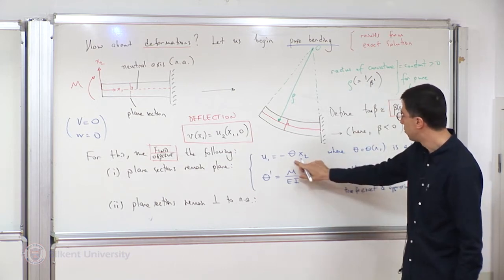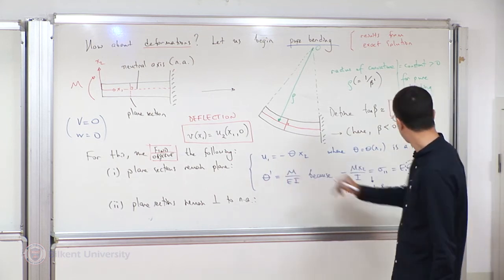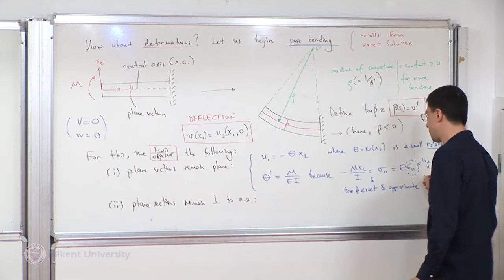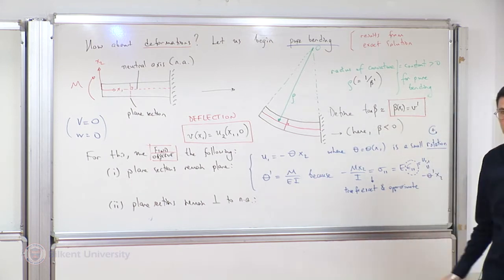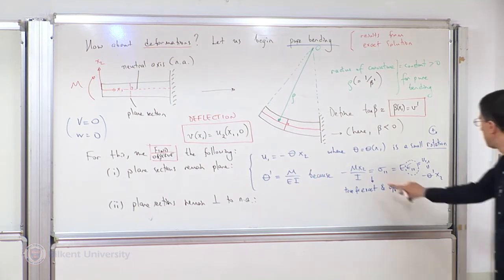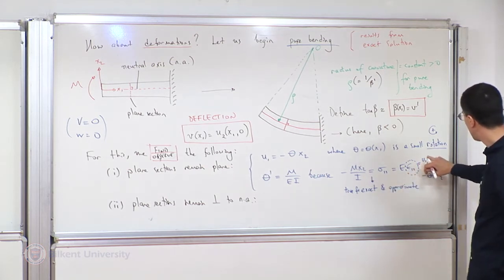And that is equal to minus theta prime x2, right? I'm sort of squeezing everything here, but I hope it's clear. So these two equalities are always true, and epsilon 1,1 is defined by u1,1, always true.